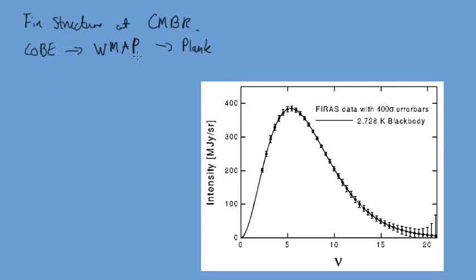So what COBE, WMAP and Planck wanted to do was to look in all directions in space and map the cosmic microwave background radiation. It was expected to show a level of structure, or anisotropy.